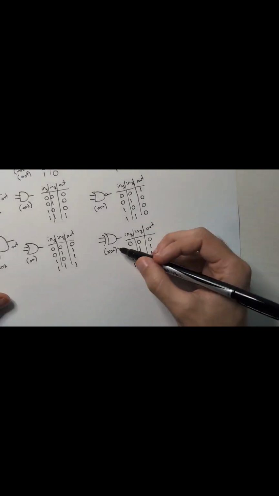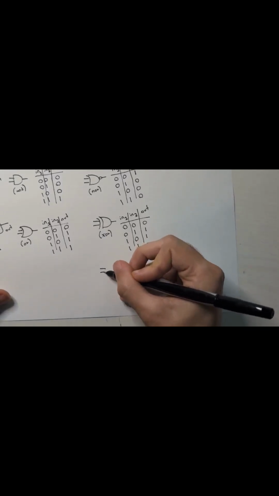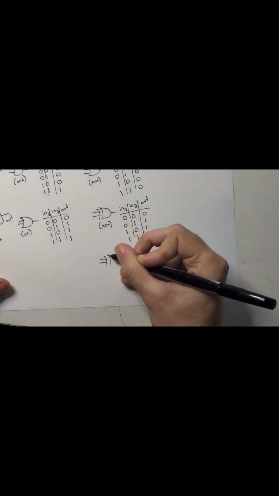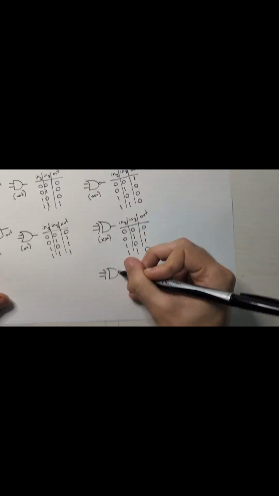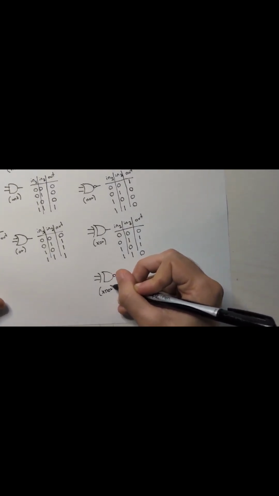And then we can combine this with an inverter to get our sort of final boss here, an XNOR. So it's just like the XOR, but with a little inverter at the end. This is an exclusive NOR.